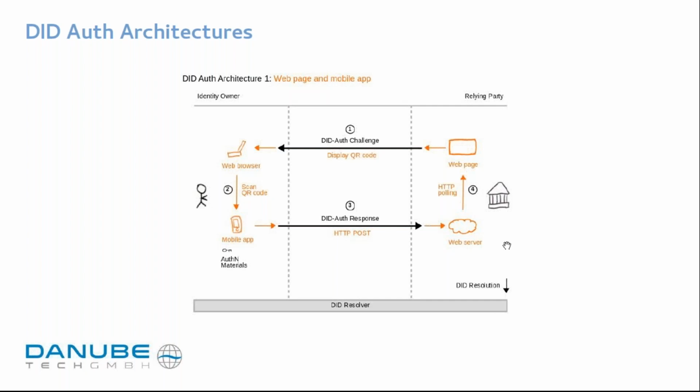So the relying party will resolve the DID, will look up the public key from the DID document, validate the response, and then consider the identity owner to be authenticated and to be logged in to this web page. So this flow, for example, is what Uport is doing, what Yolocom is doing, and a few others. It's logging into a web page by scanning a QR code that's displayed on the web page.